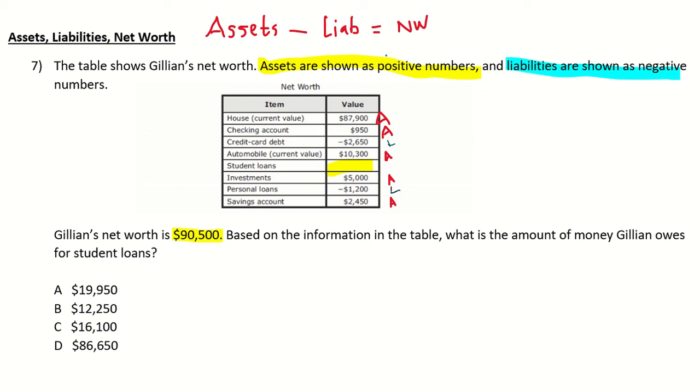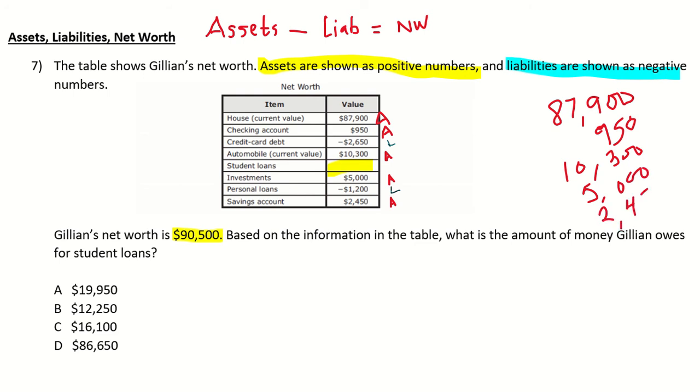Let's add up all of our assets. We have 87,900. That's the house. Checking account of 950. Automobile 10,300. 5,000 in investments, and savings of 2,450.